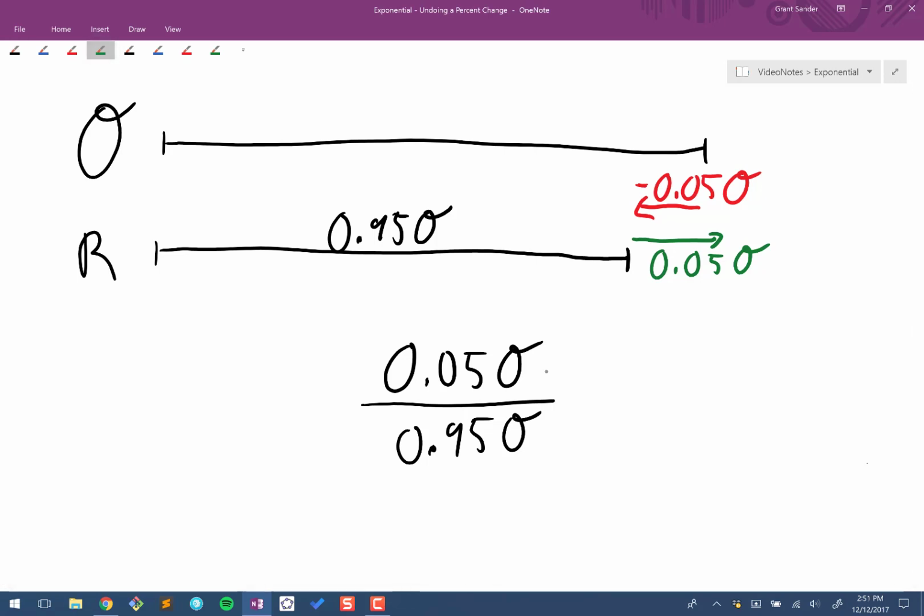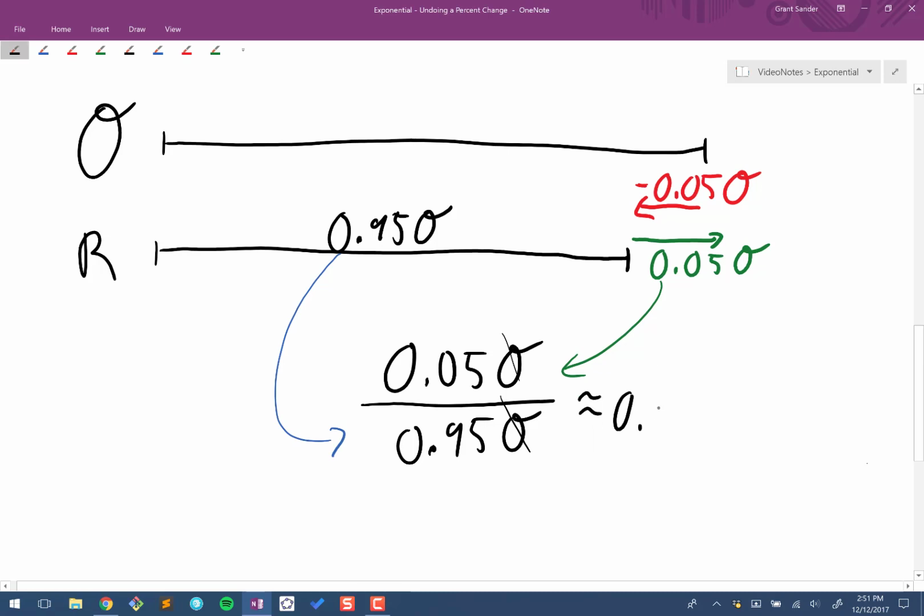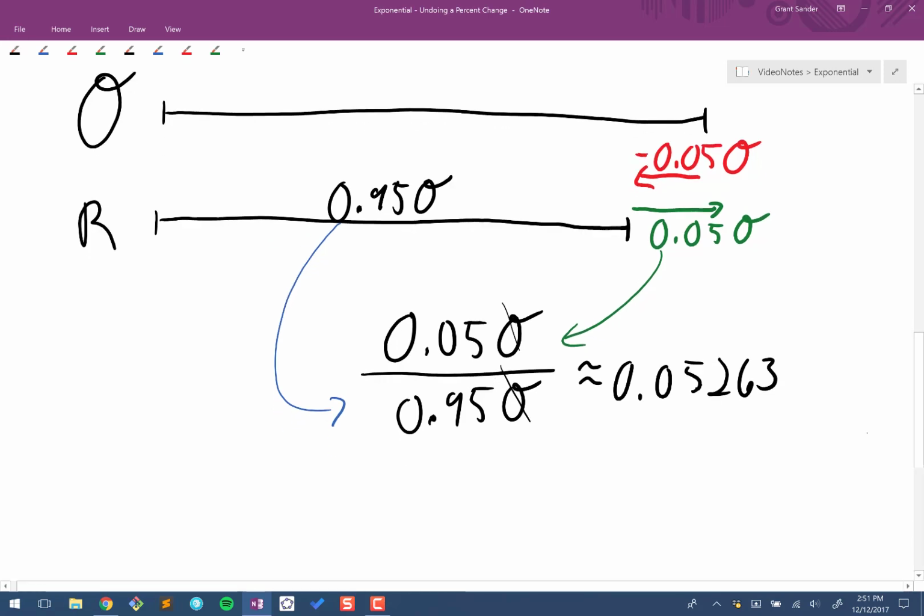So up here, the numerator is the change in salary. The denominator is the reduced salary. And doing this multiplicative comparison, we're going to see that these O's cancel out, and we end up with 0.05 divided by 0.95, which gives us a value of approximately 0.05263, which means that the change in salary is about 0.05263 times as large as the reduced salary.